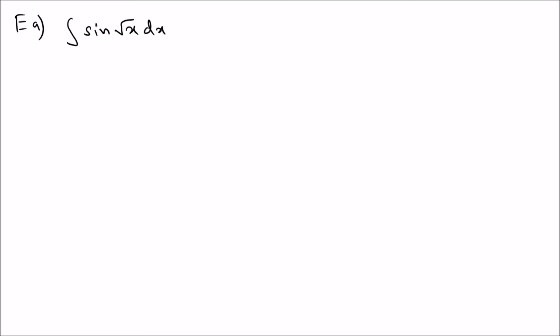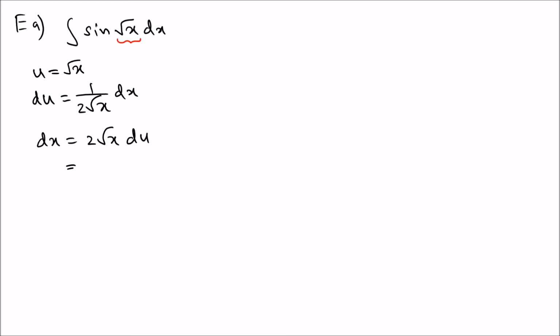Again, the substitution is very clear, so we're going to pick the square root x as u, because once you do that, that part is going to look simple. So u equals square root x, and then du, as before, is going to be dx over 2 square root x. And then we try to find dx. So dx is, we multiply the other side, 2 square root x du. If you plug in, it's 2u du.